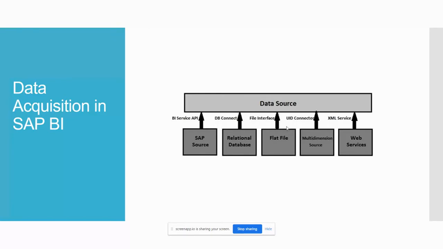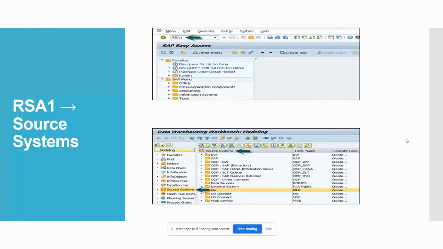In this diagram we can see SAP BI source systems along with other systems as well: SAP sources, SAP applications, SAP ECC, relational databases like Oracle and SQL Server, flat files like Excel and Notepad, multi-dimensional source systems like Universe using the UDI connectors, and web services that transfer the data to BI by means of push.